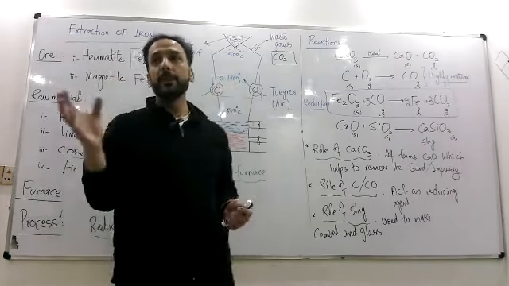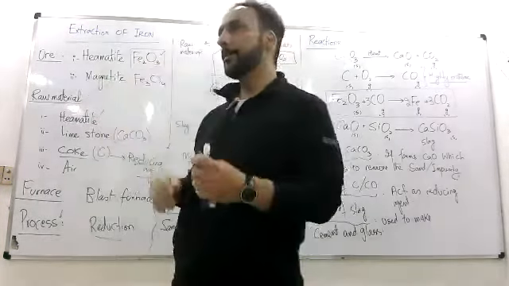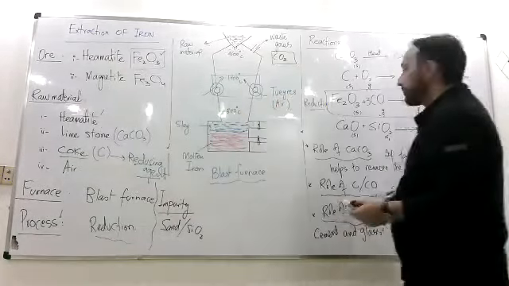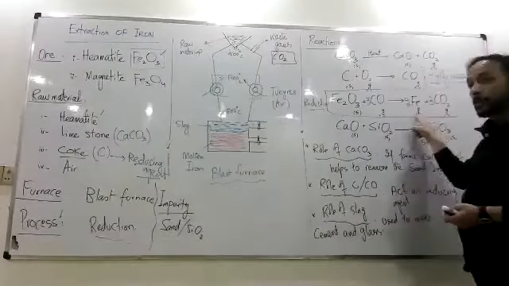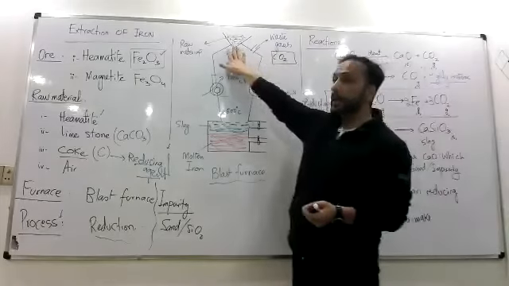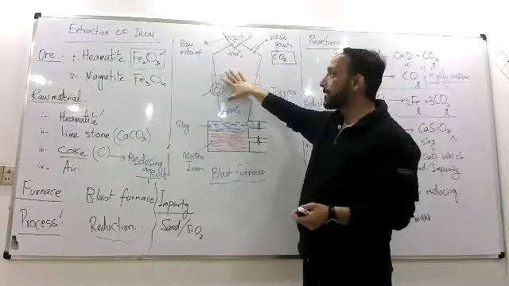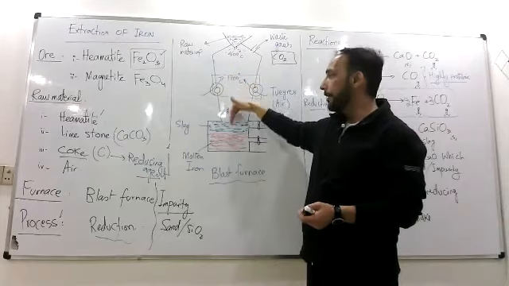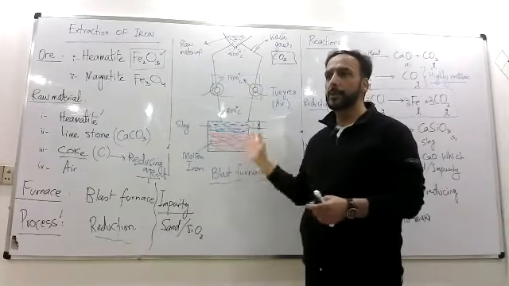Iron melts around 1500 plus minus 1700. It becomes liquid. So it was solid as ore at the top. It reacts and turns into iron here. That's where the temperature is very high. It melts and it falls at a lower temperature again down.